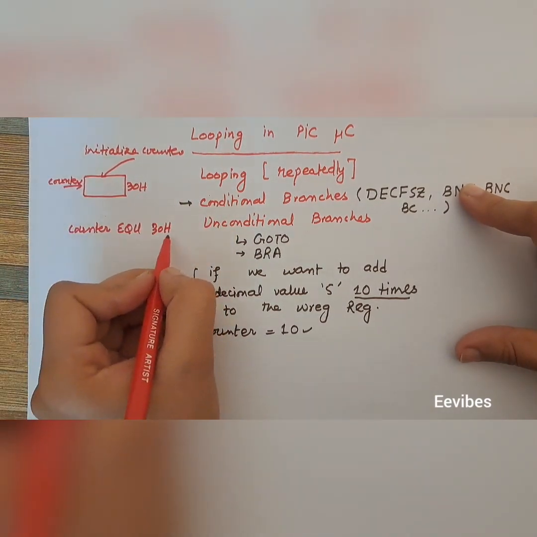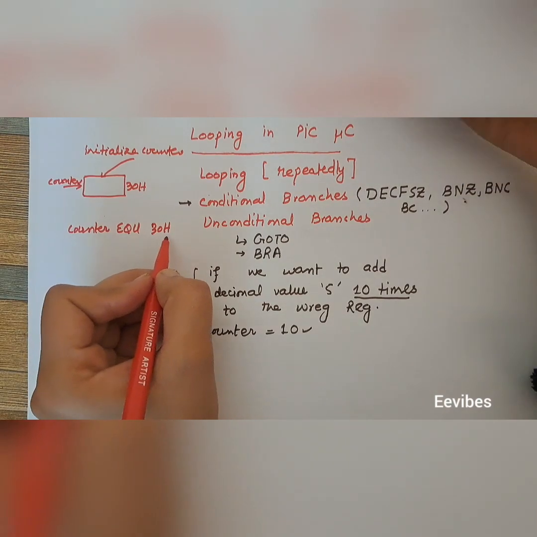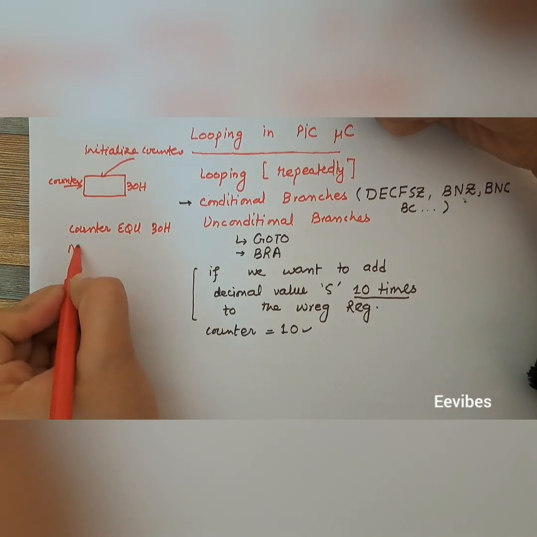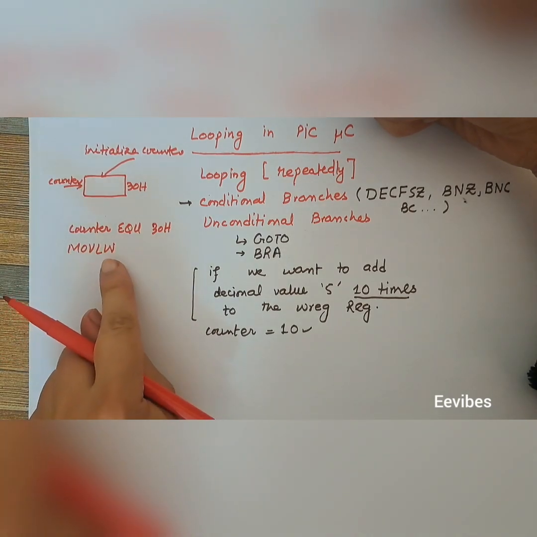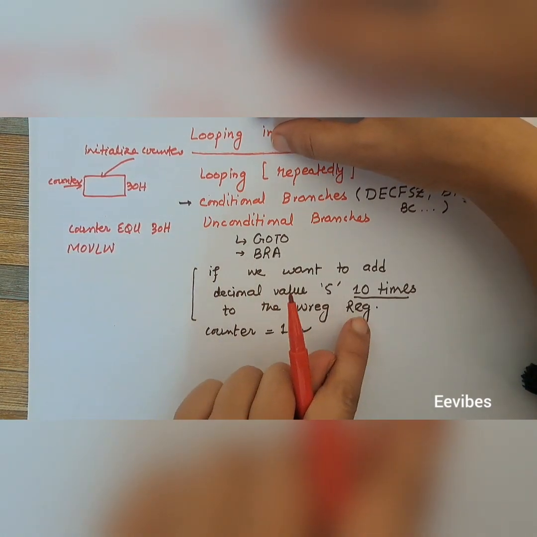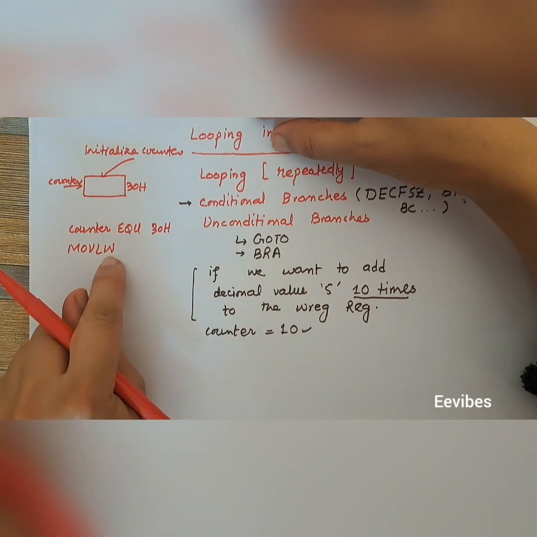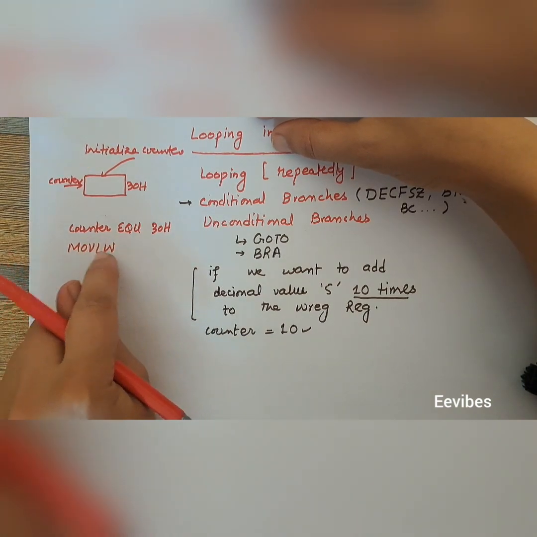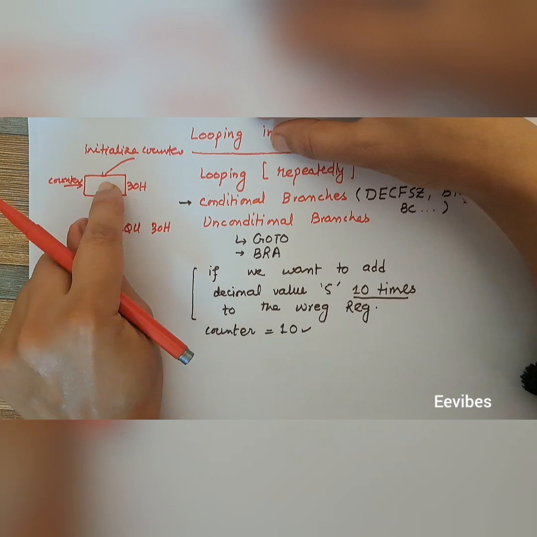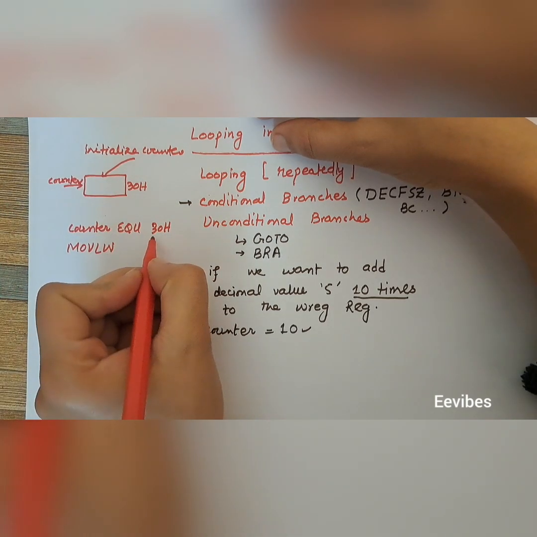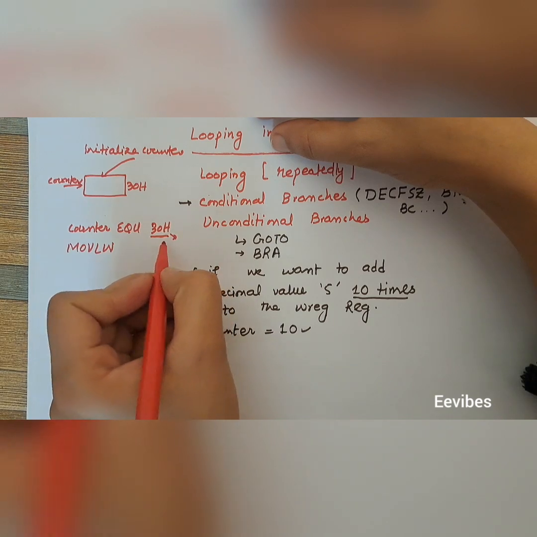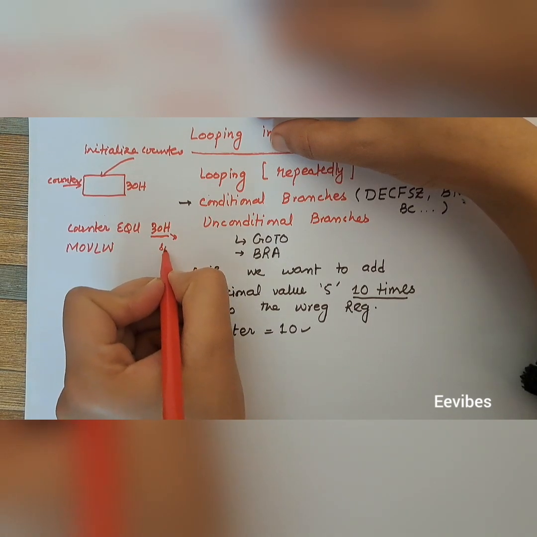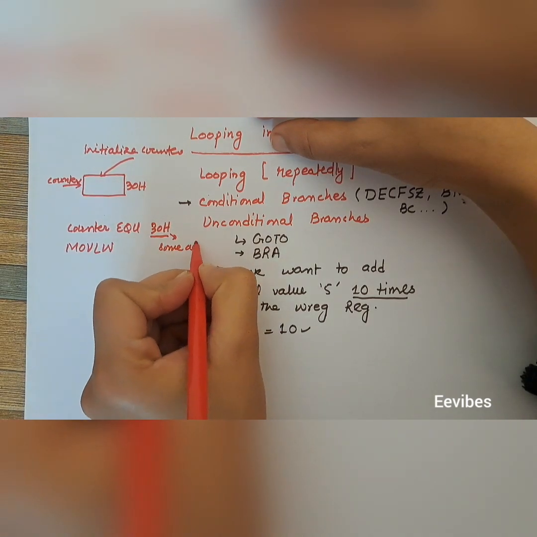Then obviously I'll need to store this counter value, so I will do move literal value to reg, because first we have to copy the counter value into the reg register, and then I can copy it into the file register. This is some memory location, some address in the file register.